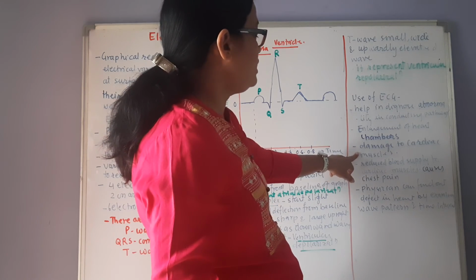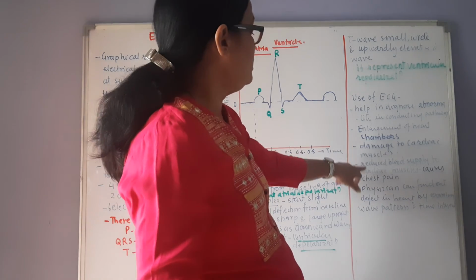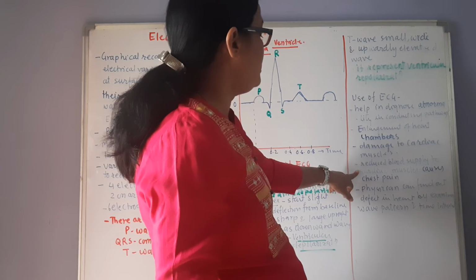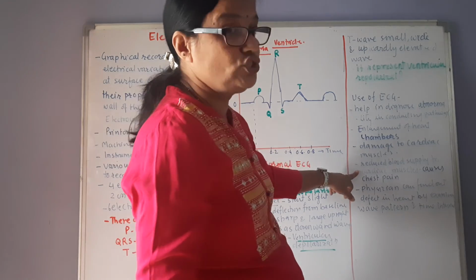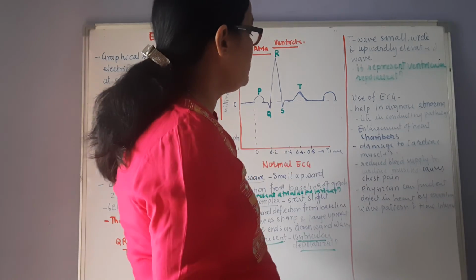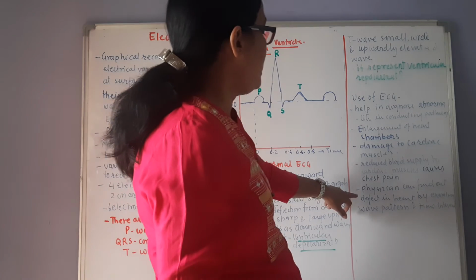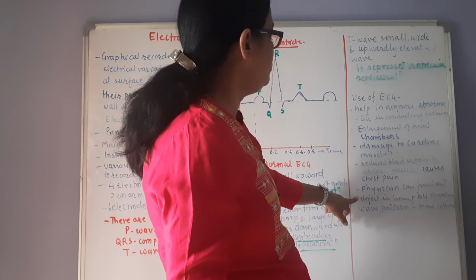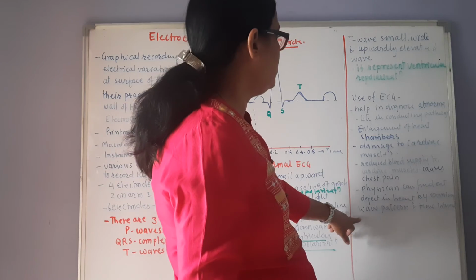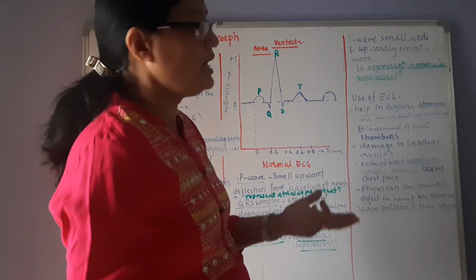Then damage to the cardiac muscles also. Then reduced blood supply to cardiac muscles causes chest pain. This can also be diagnosed by the ECG, and the physician can find out the defect in the heart by examining the wave pattern and time intervals.